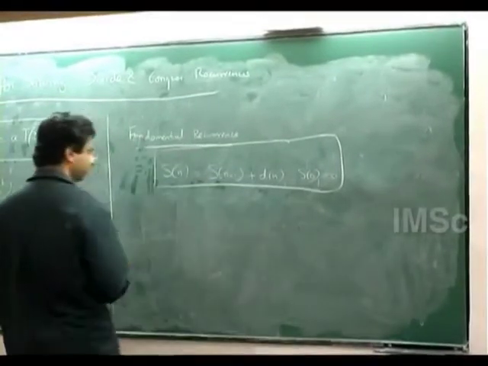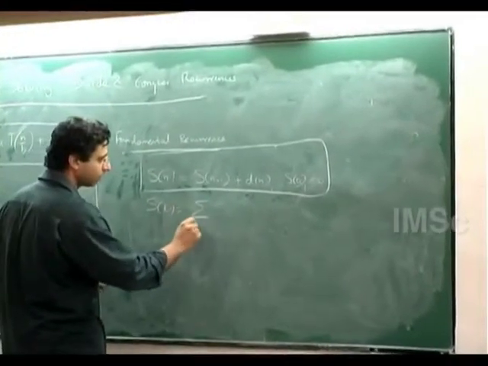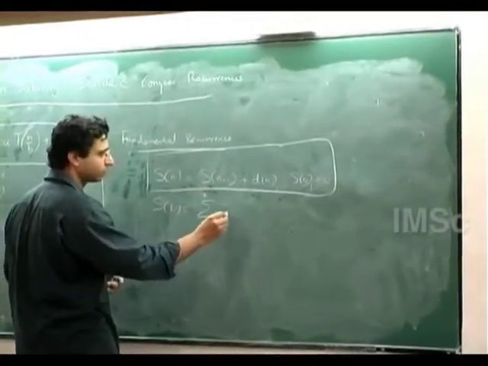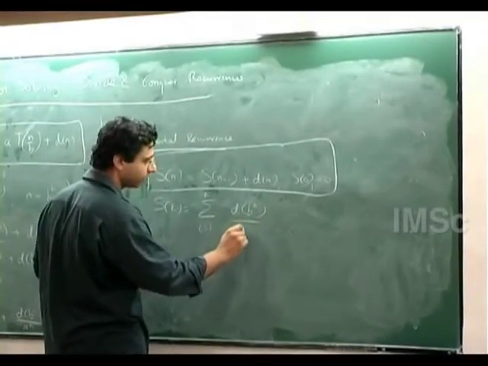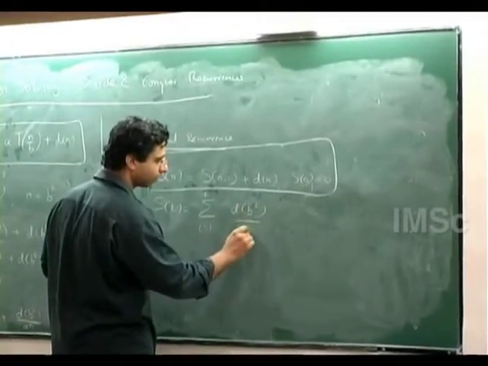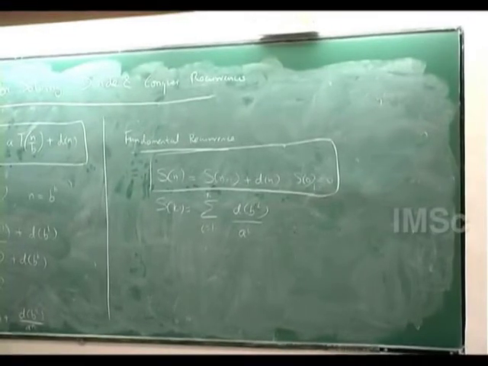So what is the solution for the fundamental recurrence? S of k is the summation i from 1 to k of the driving function d at b raised to i divided by a raised to i. So that is the solution for the fundamental recurrence. Now I want the solution for this recurrence, r of k.